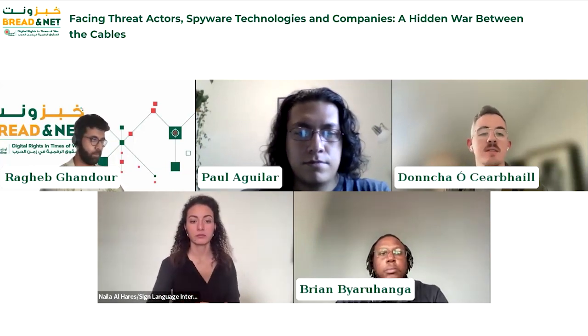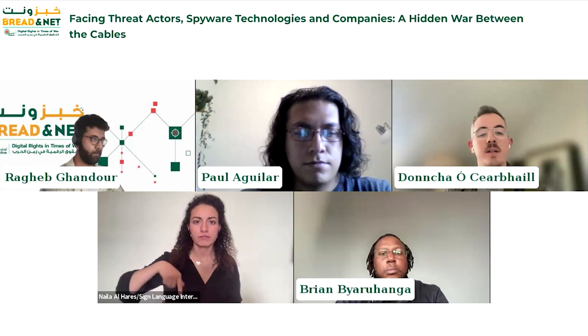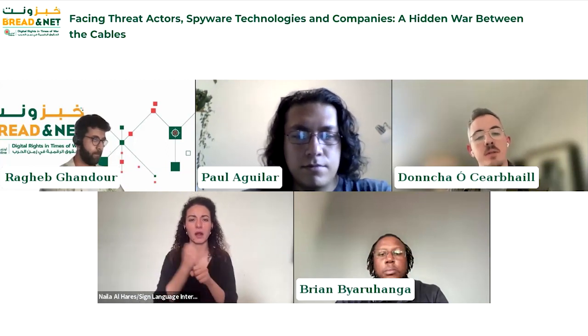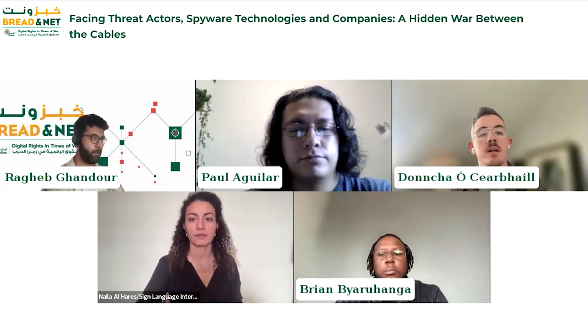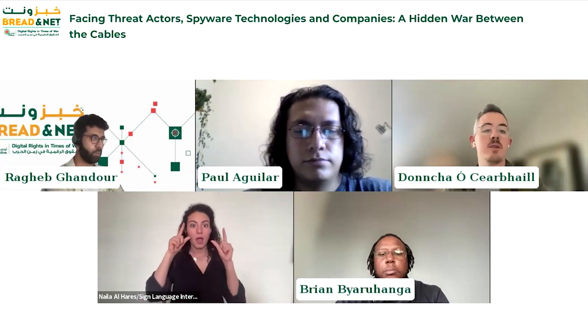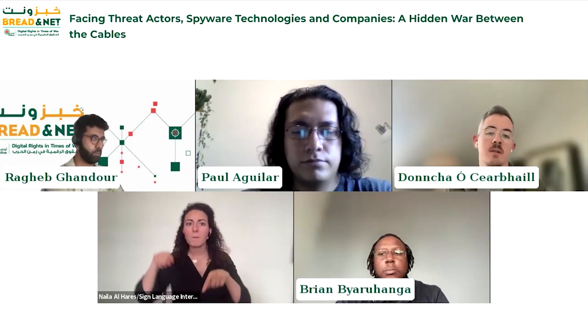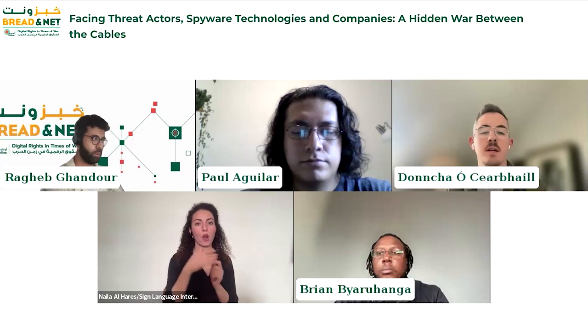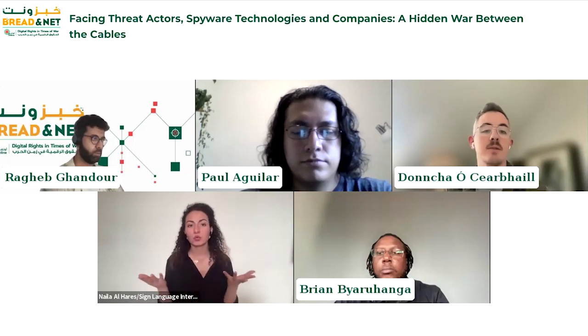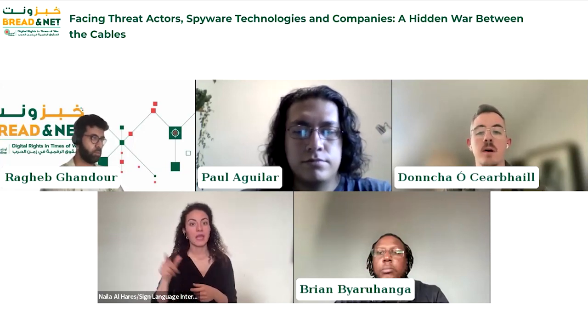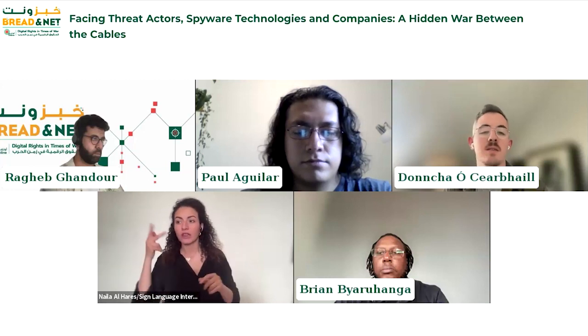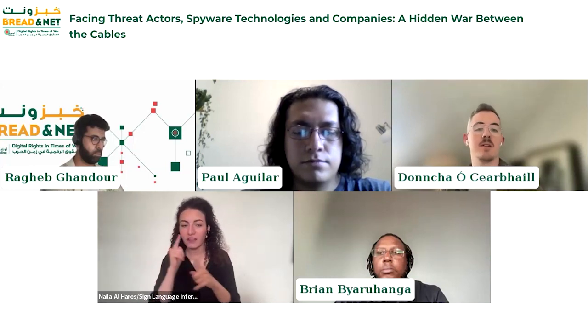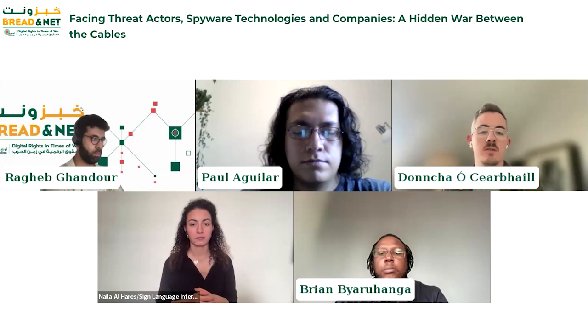What I do think we need to realize is that the impact of surveillance technologies can be different on people depending on their existing privilege or their marginalization. We know that women and LGBT activists have a different and in many cases more damaging effect from being surveilled by such tools.